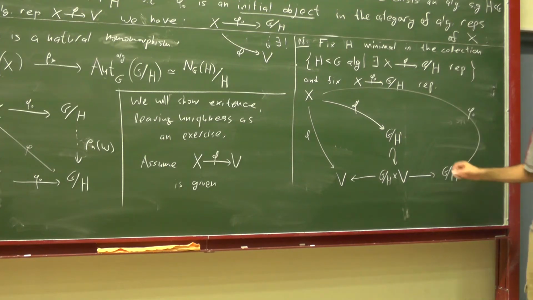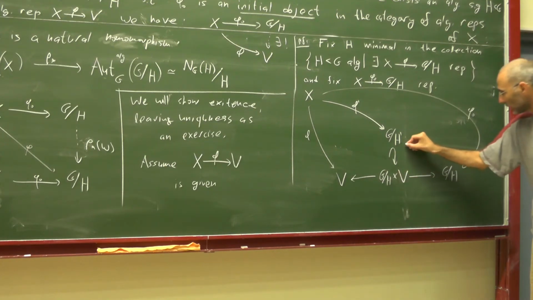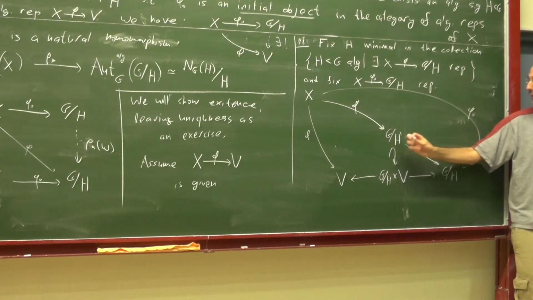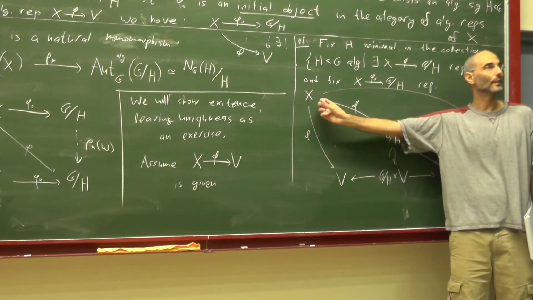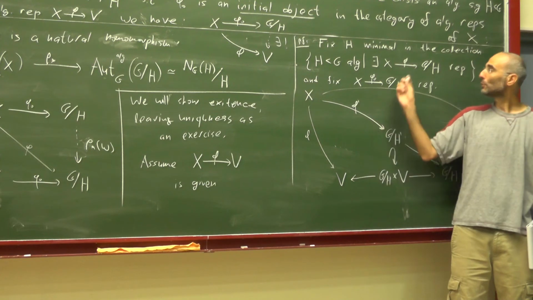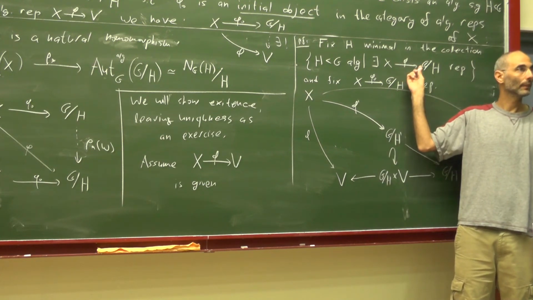And obviously, now I can just look at this diagram and have this. But now we should think of the way we've chosen H. H was minimal. But if you have a map from G mod H prime, so first of all, phi prime is a representation of X into G mod H prime. H prime appears here. It's not here.